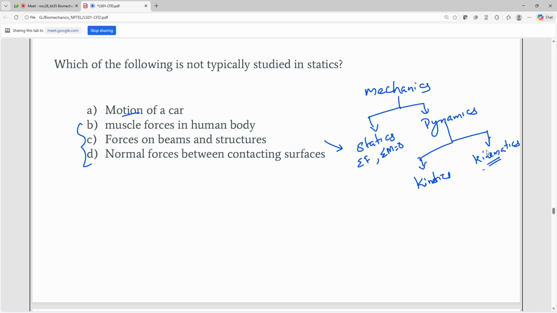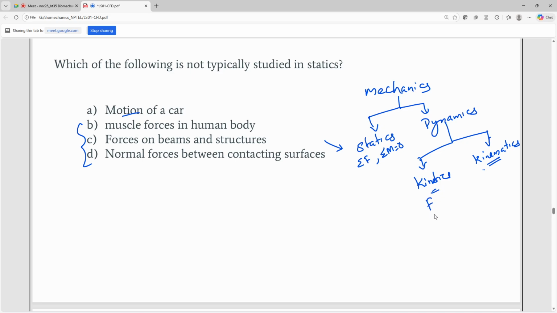Here we don't calculate forces. But if we are considering the forces causing the motion or the force caused by the motion, and such calculations are being done, then it falls under kinetics.